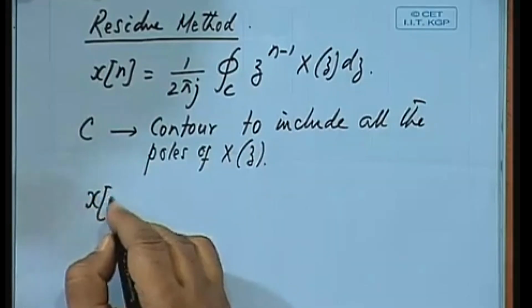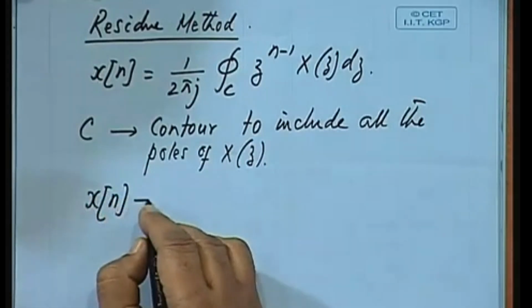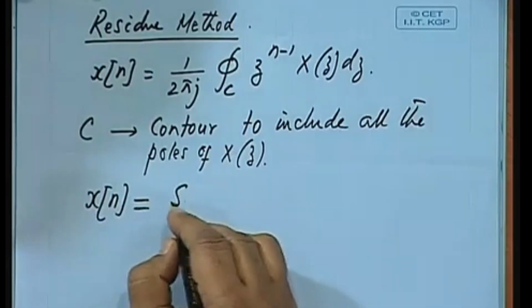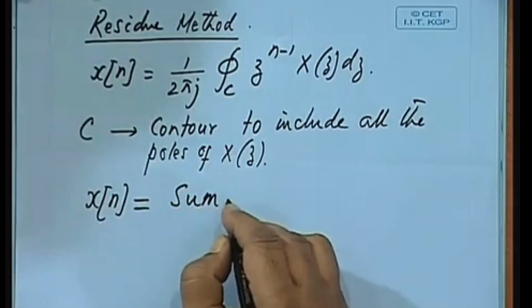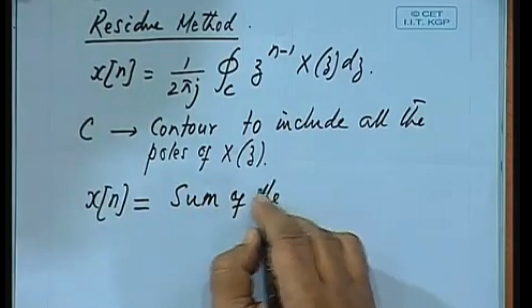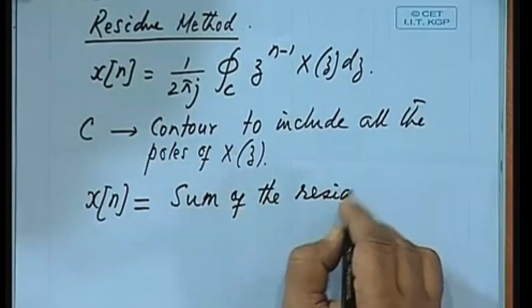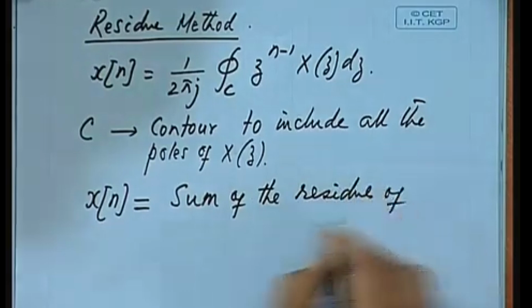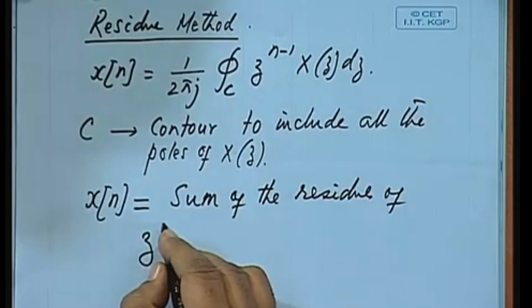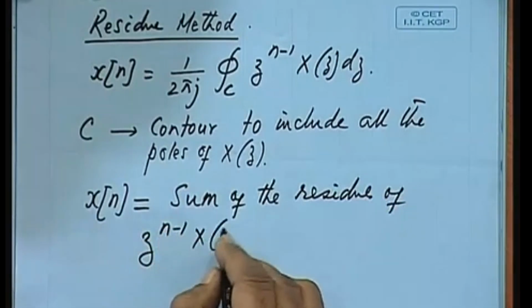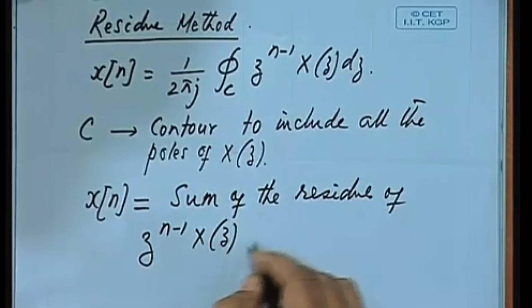So, x[n] can be written, by Cauchy's theorem, as the sum of the residues of z to the power n minus 1 into X(z) at all the poles.